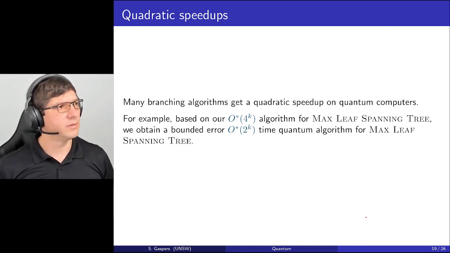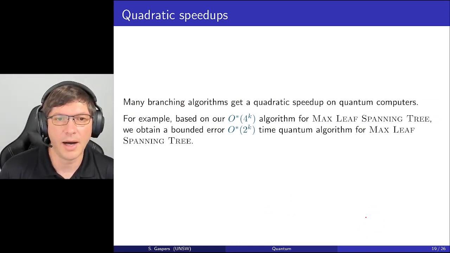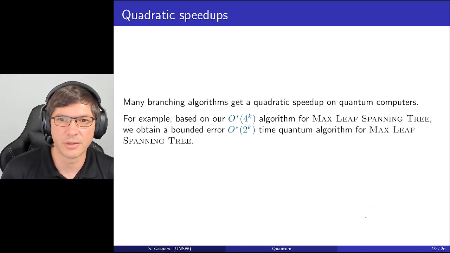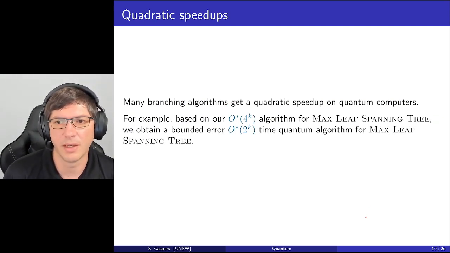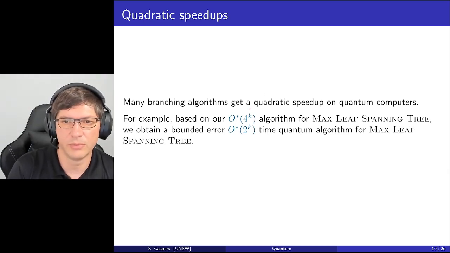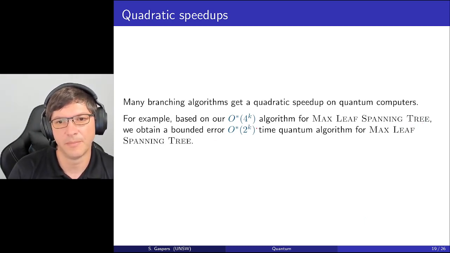Okay, so now using Führer's algorithm, because many of our branching algorithms are actually branching search algorithms, we get an instant quadratic speedup if we have a quantum computer. For example, we saw an O star of 4 to the power k time algorithm for max-leaf spanning tree, and so this now becomes a bounded error 2 to the power k time algorithm for max-leaf spanning tree on the quantum computer.